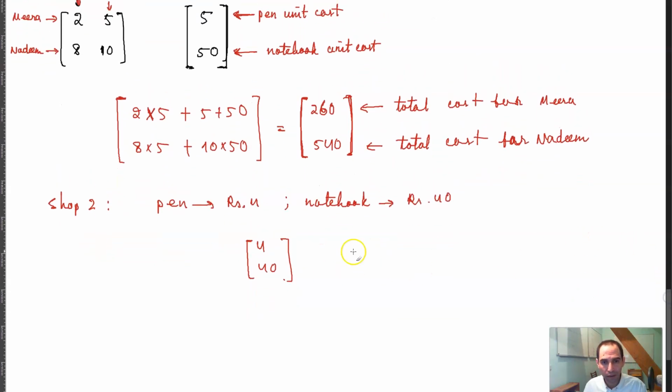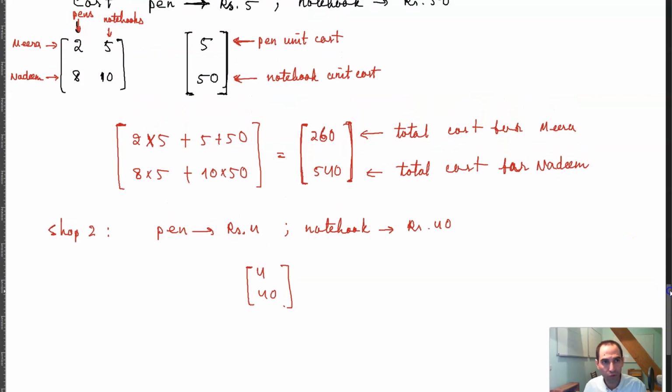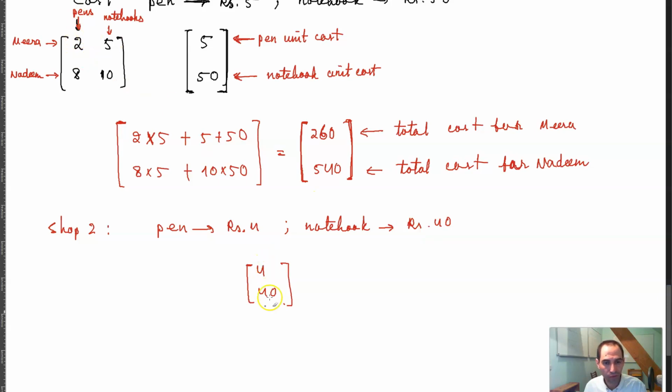So I can write the result as a matrix: 2 times 4 plus 5 times 40, and then for Nadim 8 times 4 plus 10 times 40, which I can write as a column matrix.